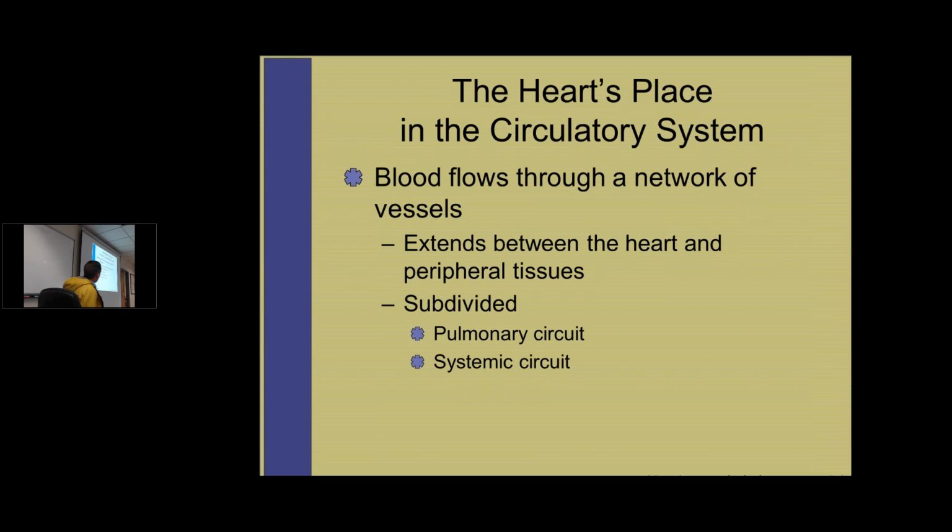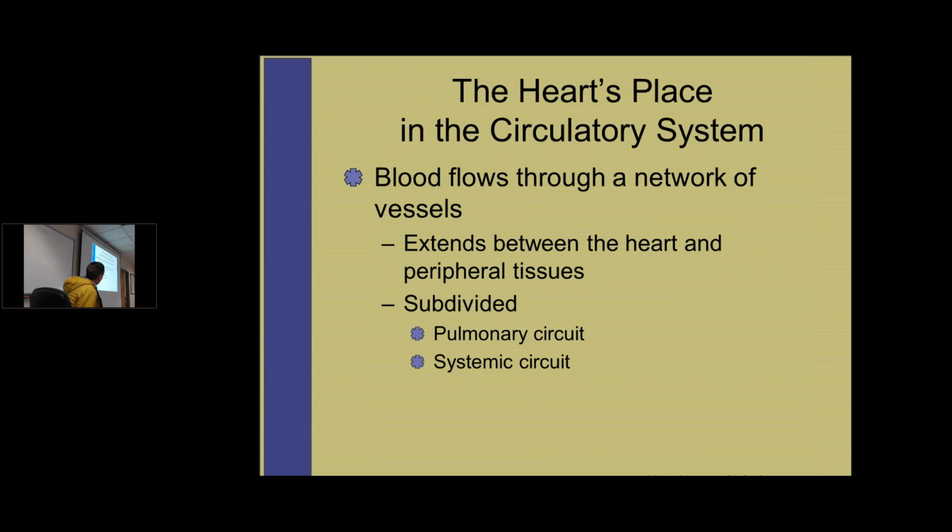So the heart's place in the circulatory system. Obviously, it's the pump, right? Main thing with the circulatory system is just breaking it down.